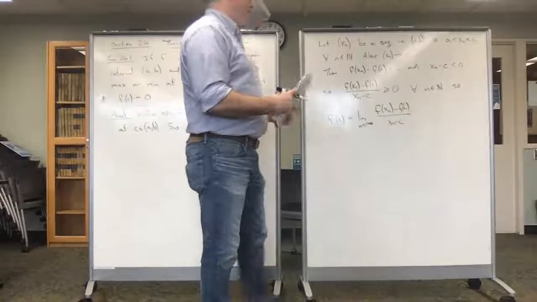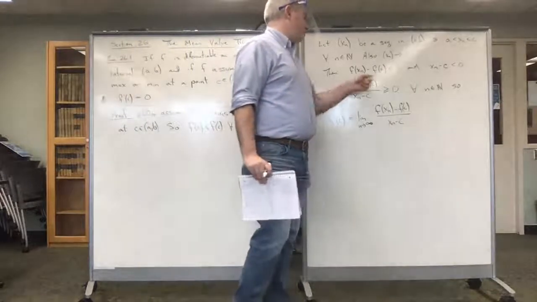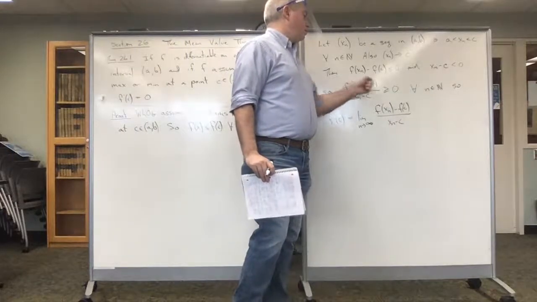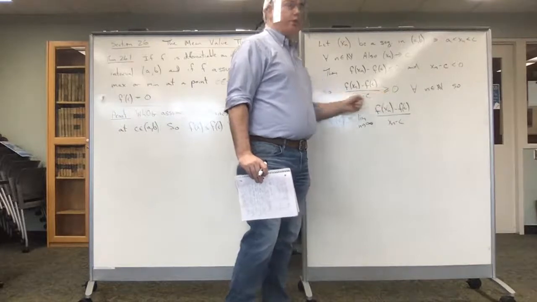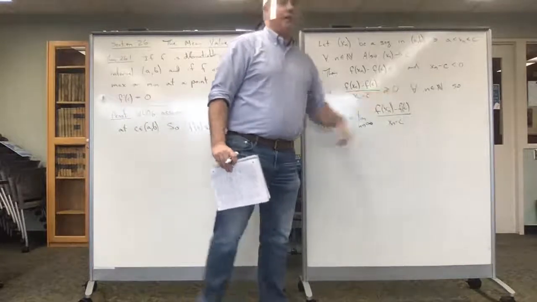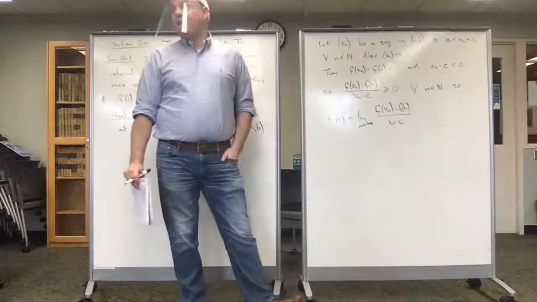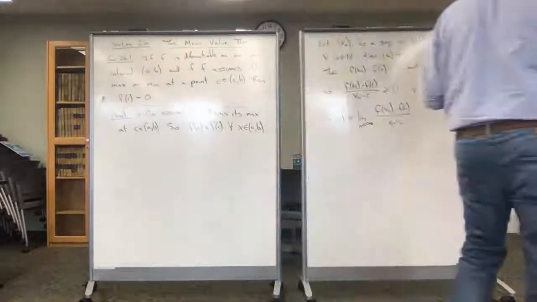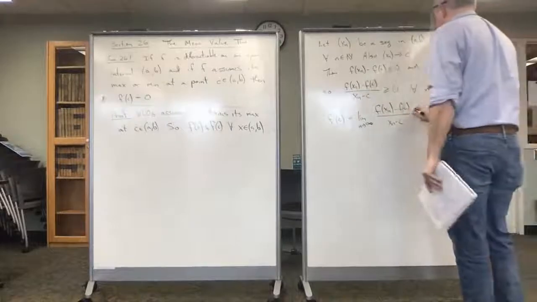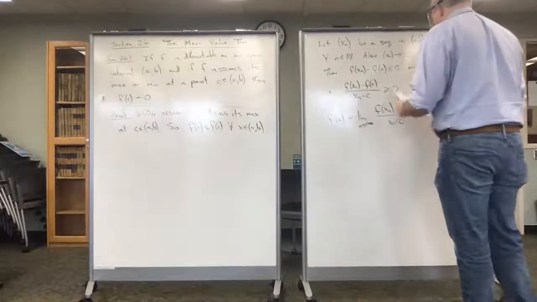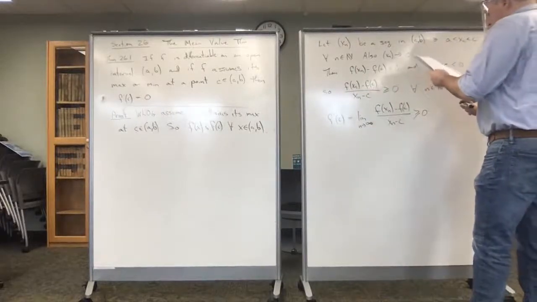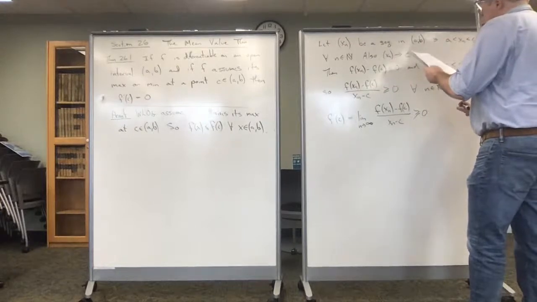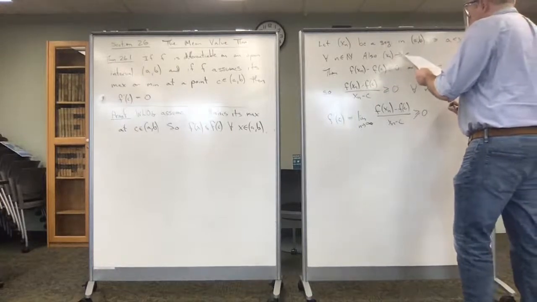If I take the limit of a sequence that's all non-negative, what do we know about the limit itself? It's non-negative, right? It can't end up having a limit that's negative. So this thing has to be greater than or equal to 0. And I believe that's Theorem 25.3.